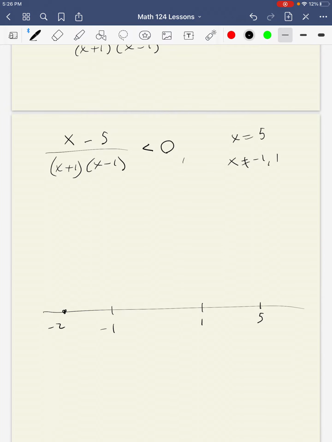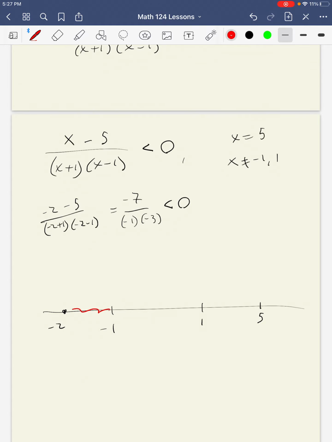So if we plug in negative 2, we have negative 2 minus 5 over negative 2 plus 1, negative 2 minus 1, so negative 7 on top, negative 1, negative 3, so that's a triple negative. Triple negative is still negative, and therefore numbers on this piece of the x-axis will give us negative outputs.